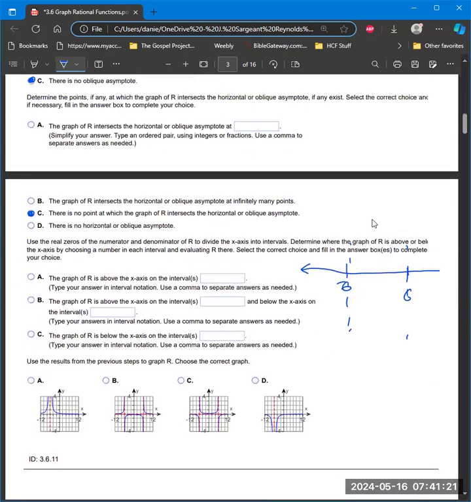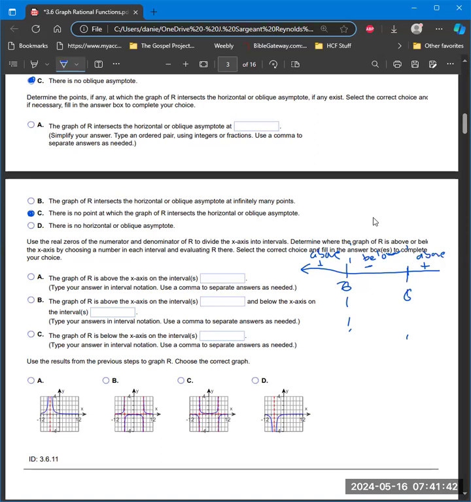So it was positive, which is above. And then over here, as we got slightly bigger than -6, it was negative. So it was below the x-axis. And then to the right over here, it was positive, it was above.